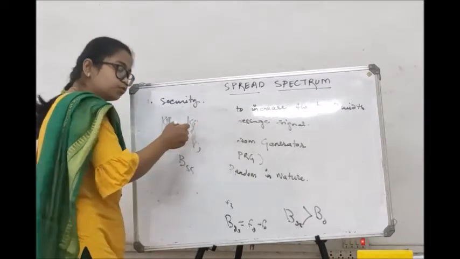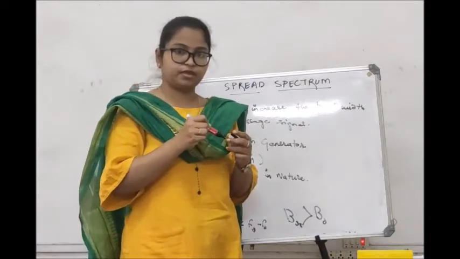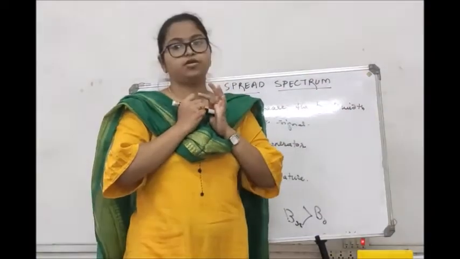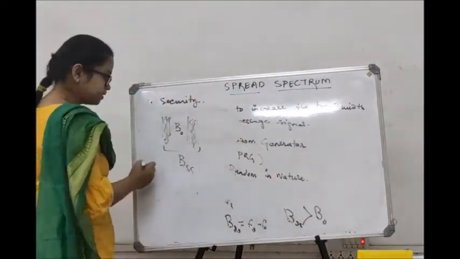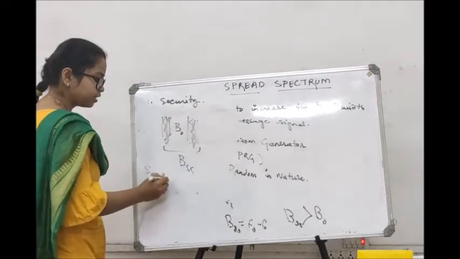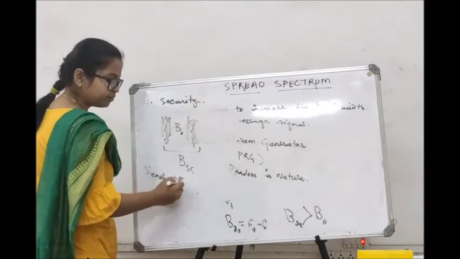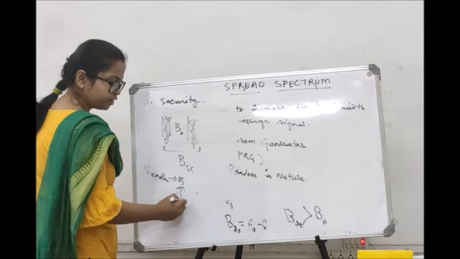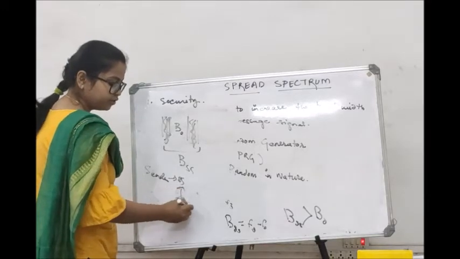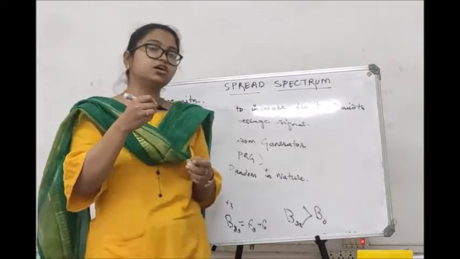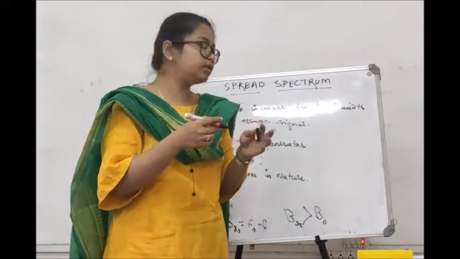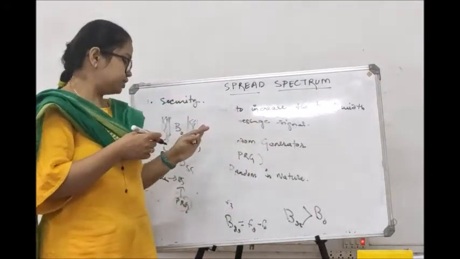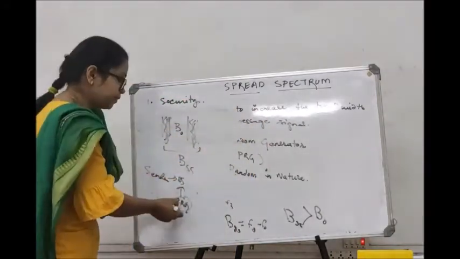Now, due to the randomness, it is very much secure because at the sender side, the sender does spread spectrum through the pseudo random generator, which is essentially a code. Generally, it is a type of key.